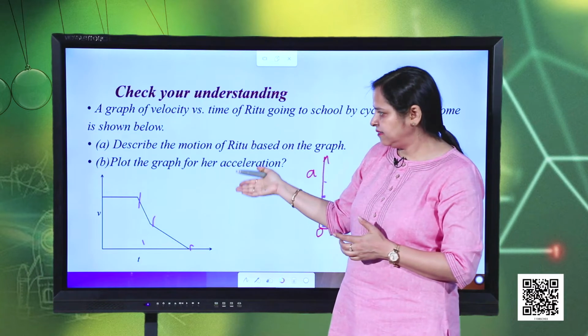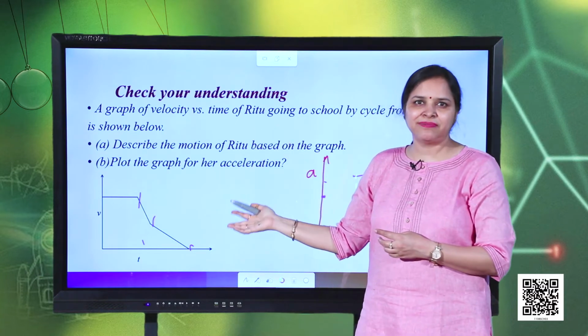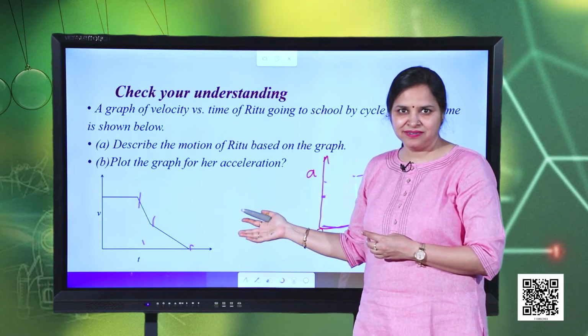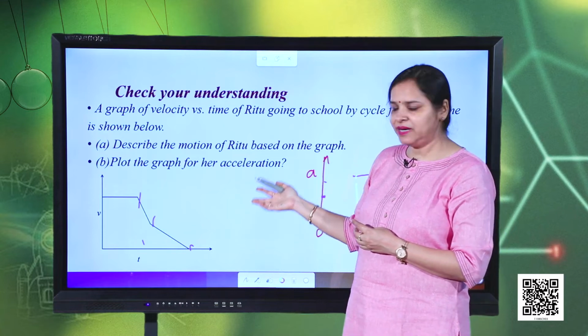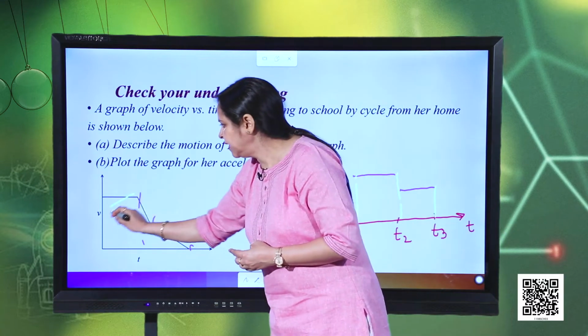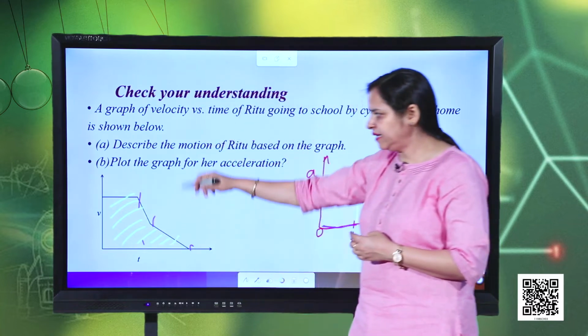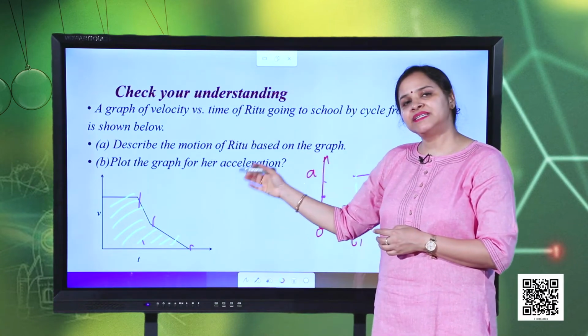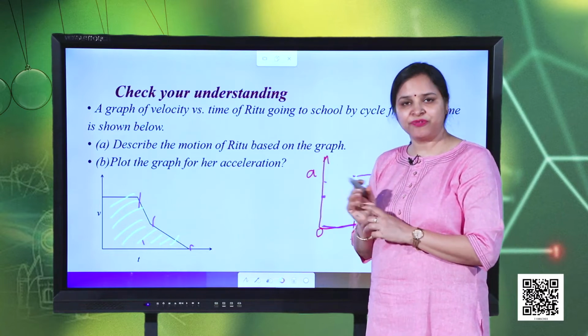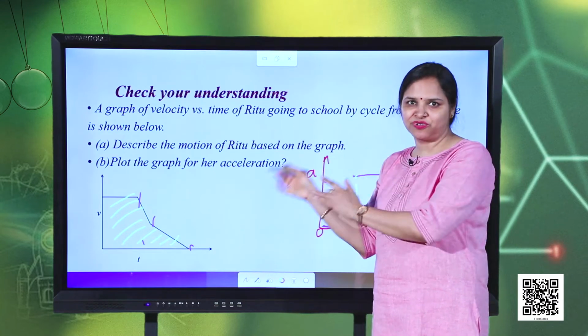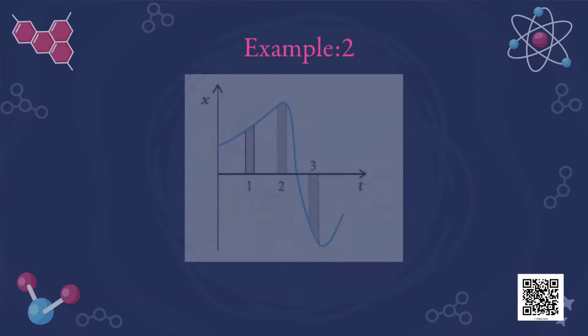Although it is not asked in the question, we can even determine the total displacement. How can we determine the displacement? By finding the area under this graph. Determining the area under this curve gives the total displacement of Ritu from her home to her school.